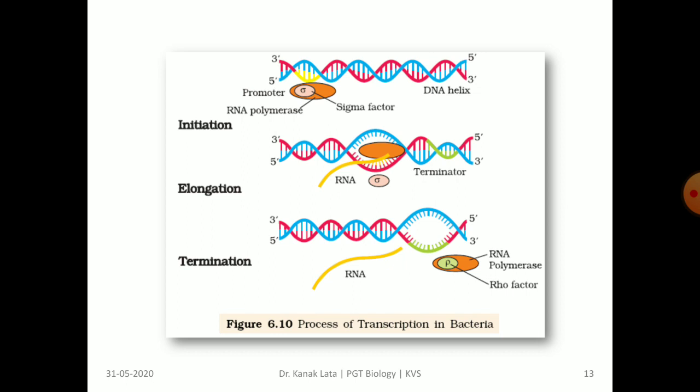You may observe here the 3 processes: first initiation, second elongation, and the last and third one is termination. You may see that the sigma factor along with RNA polymerase begins the transcription process, and the rho factor helps in termination of transcription, thereby releasing messenger RNA.